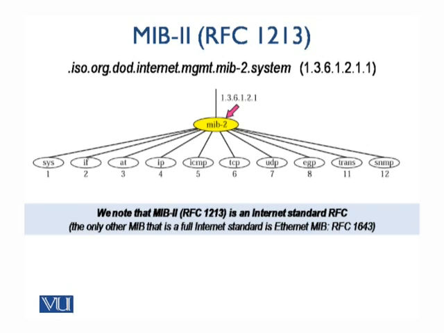So the sys node under MIB2 has a complete MIB which deals with system-based information. And then obviously inside this MIB, you need to define the objects, and you need to define what type those objects may be. So for example, one object may be an integer type. Another object may be a counter in which you have continuously increasing values, but you may reset the value once it reaches an upper threshold.